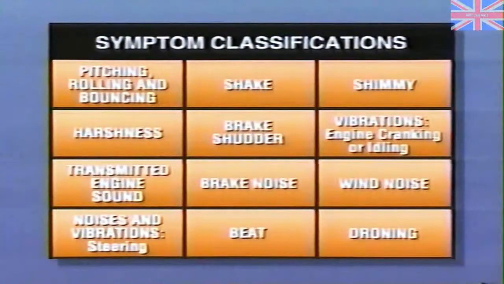After determining that the customer's claim is an abnormal condition, proceed to assign the problem NVH to a specific classification. As we've seen, effectively classifying a vehicle's NVH symptoms enables you to isolate the root cause of the trouble. Let's make sure we can effectively classify before we go any further.